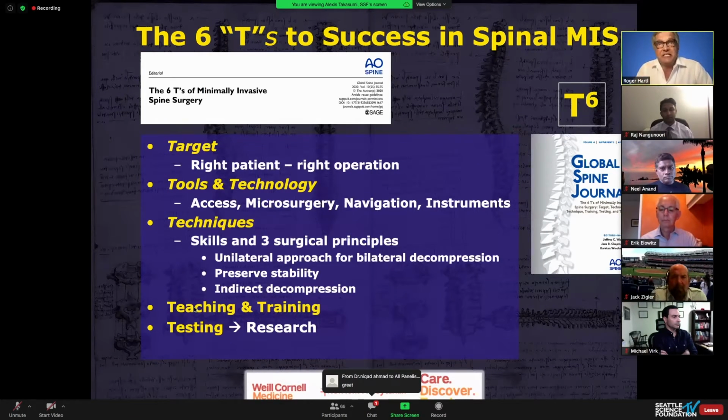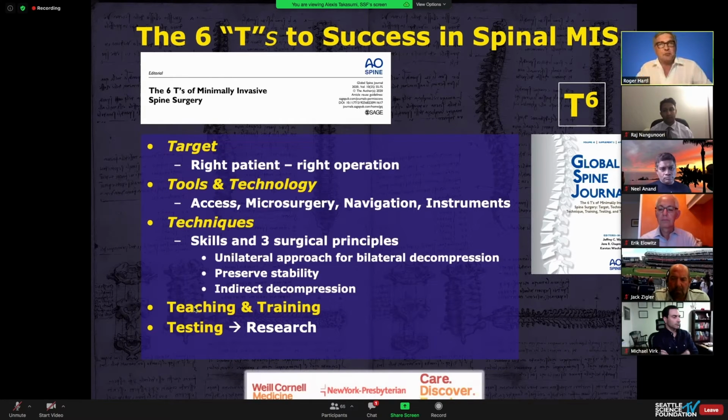And then surgical techniques. And the surgical techniques that always come up when it comes to MIS, and we'll talk about this tonight during the cases, are really the idea of being able to perform a unilateral approach for bilateral microsurgical decompression.